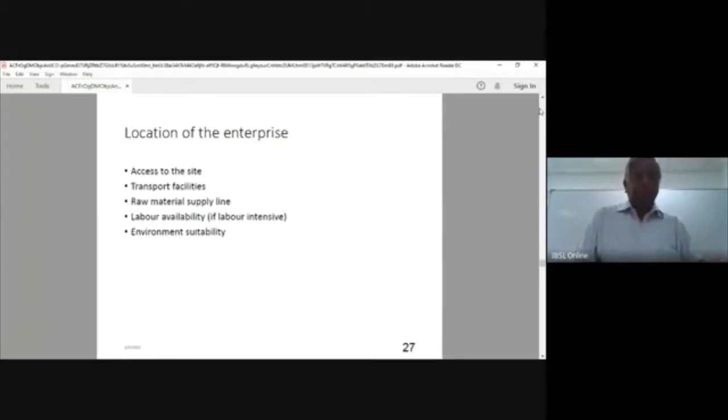Location of the enterprise. They would have found a new location for the enterprise. So you have to see access to the site. That is very important. The land may be like this. The new location may be like this.